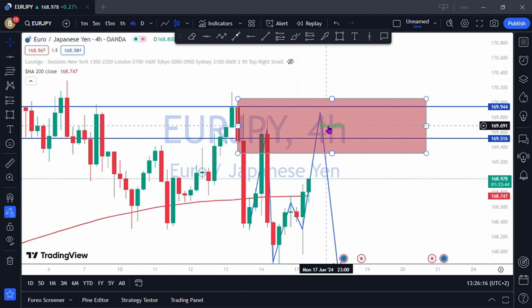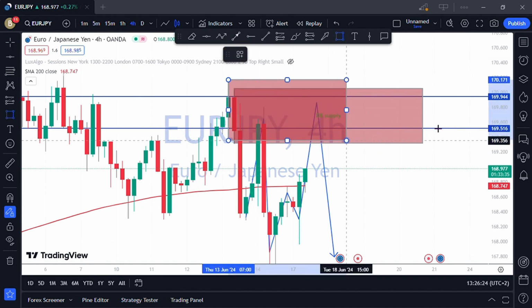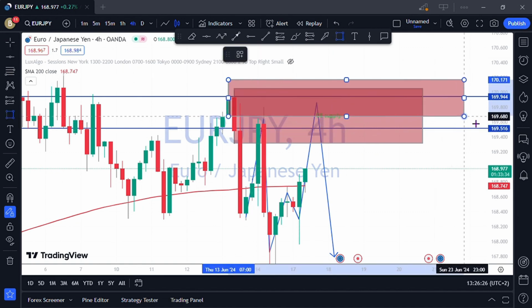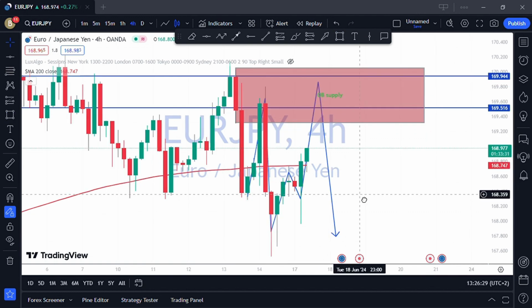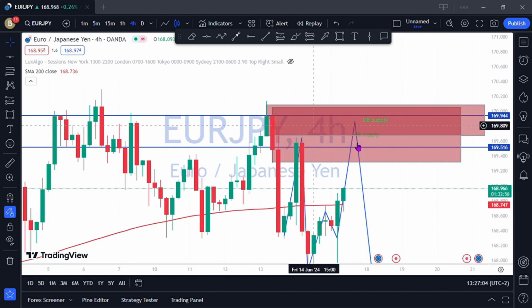And then right here again, it's an order block which has been used, which will be considered an invalid order block, but I'll just place it. That is an order block right there and right here. So this is a 4 hour order block.